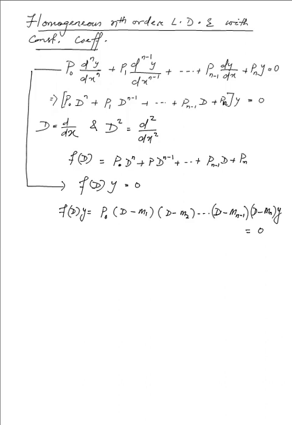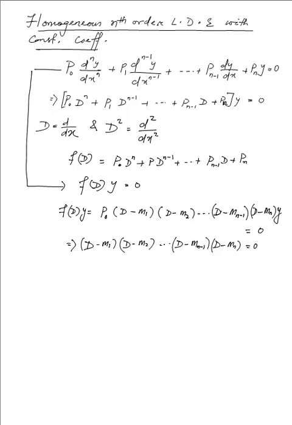The P naught, the constant coefficient that has been multiplied, can be taken over to the other side, divided into 0, and that would vanish. So what we are left with is the relation D minus m1, D minus m2 and so on, D minus m(n-1) and D minus mn being the last term, and that would equate to 0.